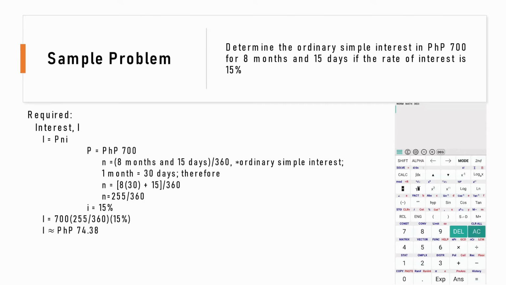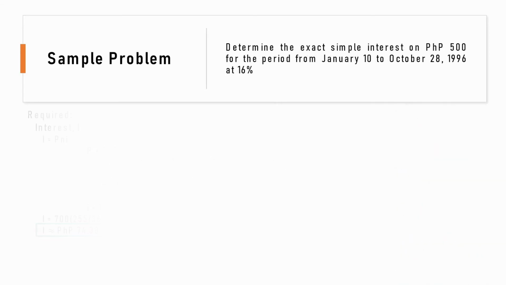And then substitute na dun sa equation, I is equal to, or yung interest, 700 times 255 over 360 multiplies sa 15%. So yung 15% pwedeng 0.15 pag in-input sa calcu or pwedeng 15% din. So I is approximately 74.38 pesos.